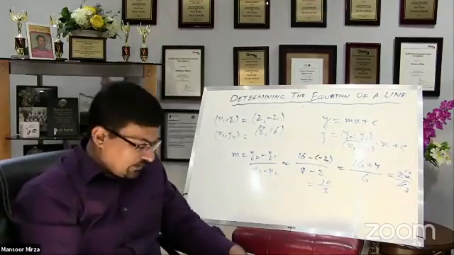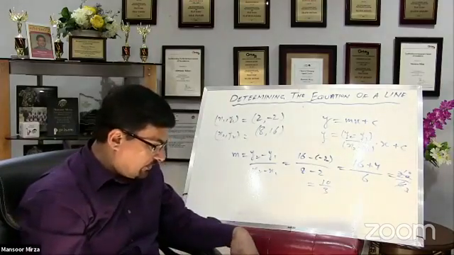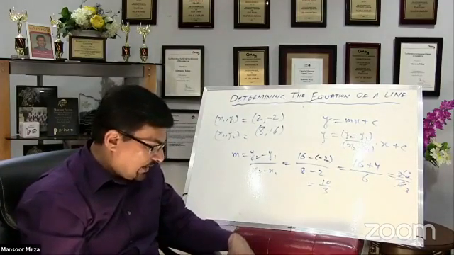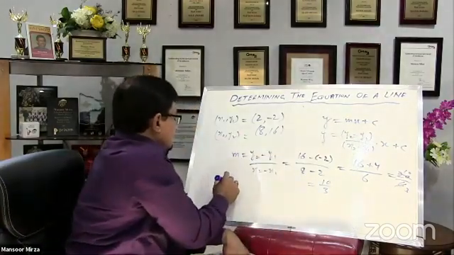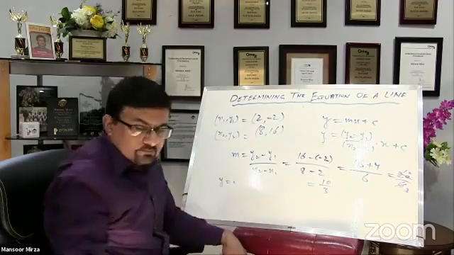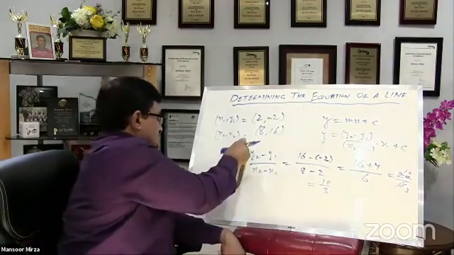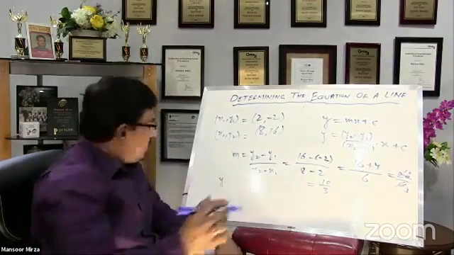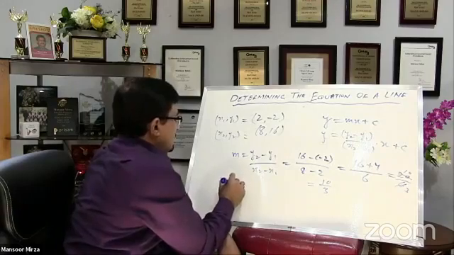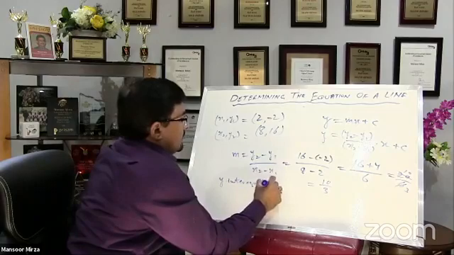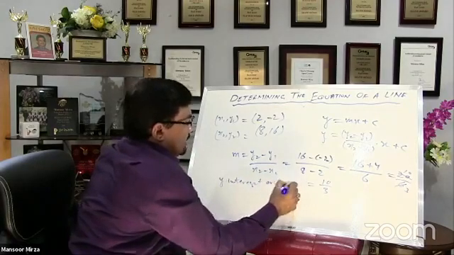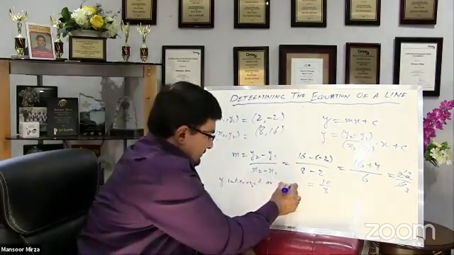So now in this case, C is given because we were told the y-intercept, that value of C, was minus 8.